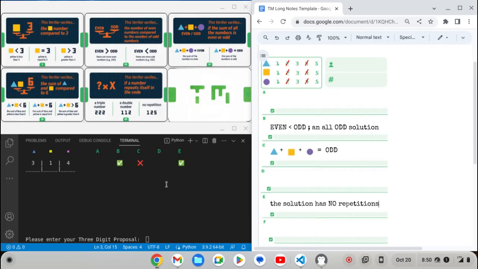Now we're going into the phase where we'll be discussing how to construct a good second round proposal. So notice that we did not test criteria card A, the middle digit, that square digit being compared to 3, nor criteria card D, that is the sum of the first two digits. So notice that even though there is a mentioning of circle in criteria card C, it's not a direct link to the solution.